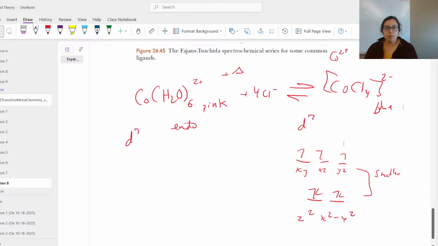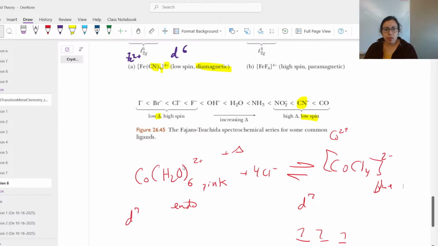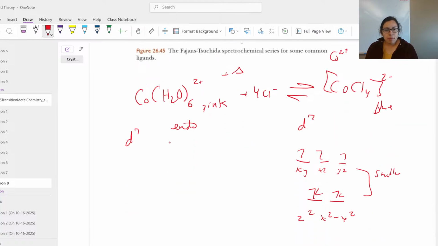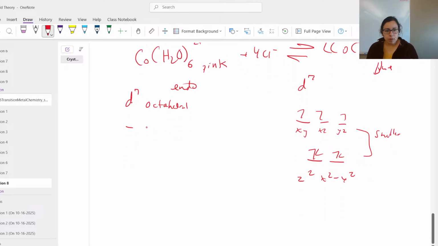And so let's surmise for the cobalt. I'm not quite sure since water is kind of in the middle, right? So it could either go high spin or low spin, depending. But we could make some predictions. So again, this one's now octahedral. So I'm going to draw it in the opposite order, just sketching it out.